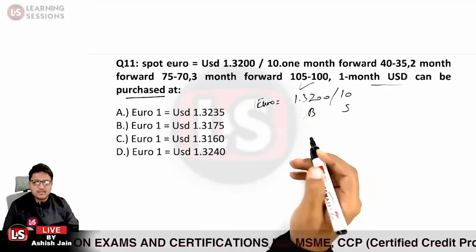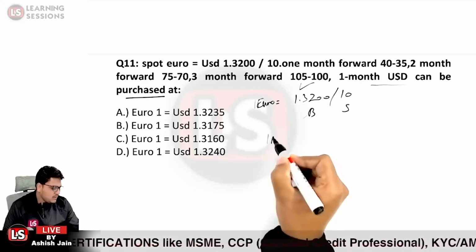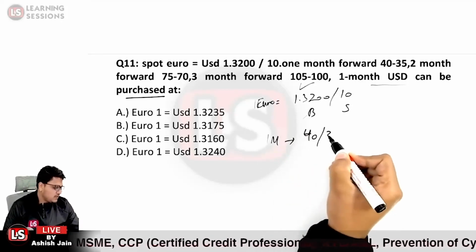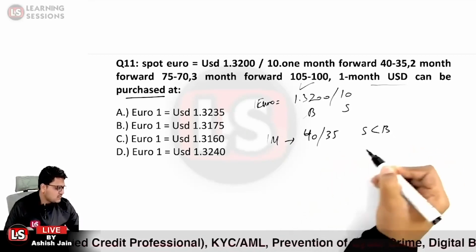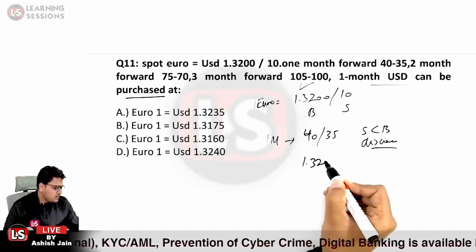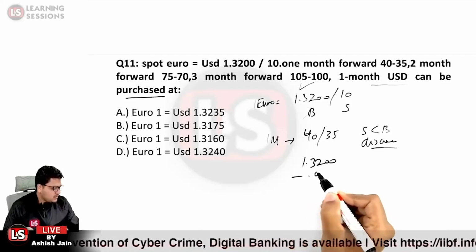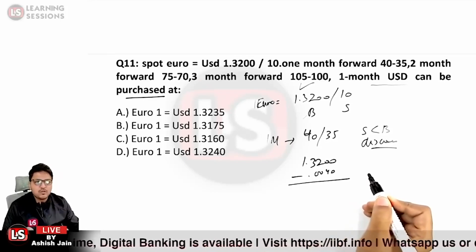For the 1 month, the forward points are given as 40/35. The selling points are lesser than the buying points, so the currency is available at a discount. So it is 1.3200, and further we subtract the forward points, 0.0040.